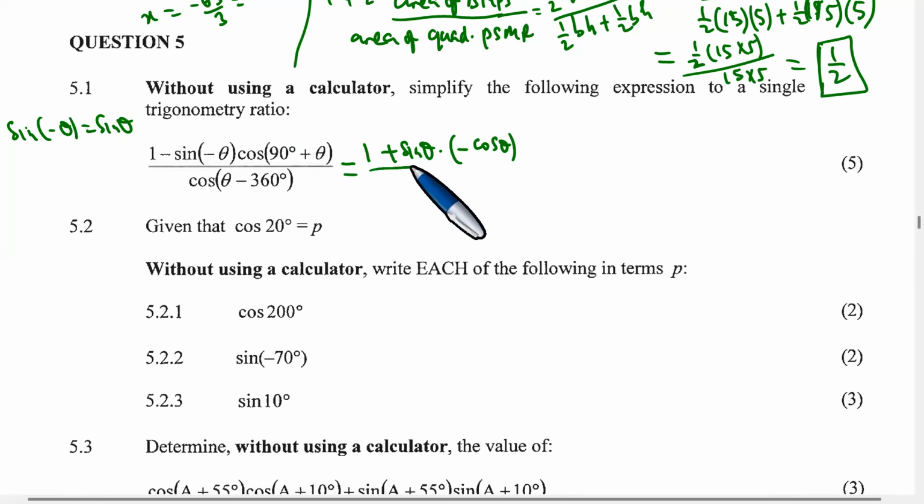You divide everything by cosine of theta minus 360. In which quadrant is theta minus 360? You need to think of that. There are a couple of ways of thinking of that. If you imagine the angle theta is an acute angle, like 20 degrees, then 20 minus 360 is going to be like minus 340.